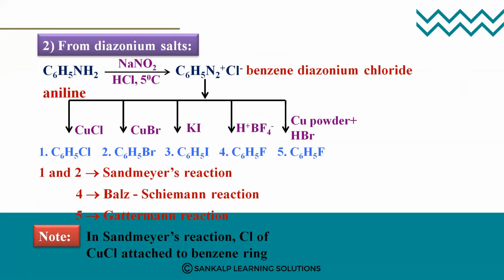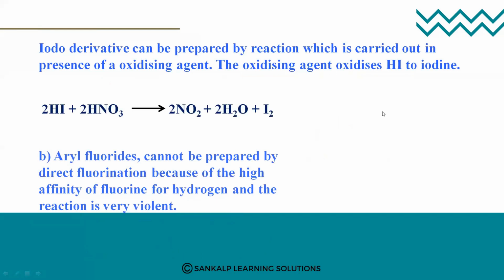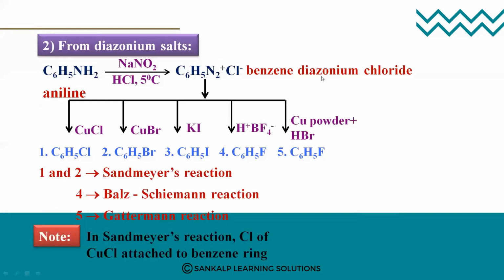For iodo derivatives, you have to use an oxidizing agent. And fluorination cannot be obtained by direct fluorination, because of the high affinity of fluorine towards hydrogen, and the reaction is very violent.